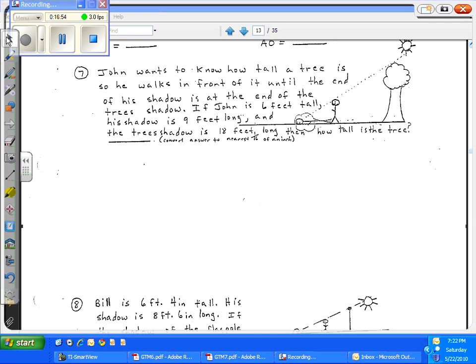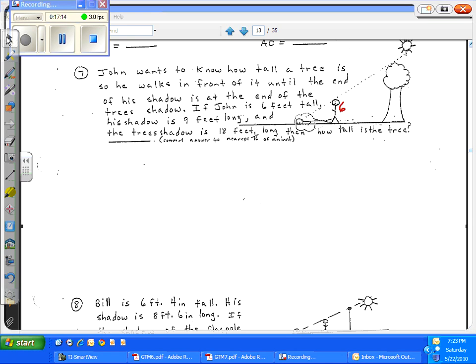Now, this actually works. If John is 6 feet tall, then his shadow is 9 feet long, and the tree shadow is 18 feet long, then how tall is the tree? So those are all measurable things.